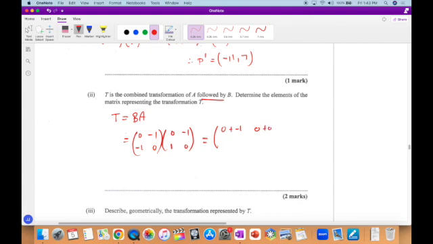This bottom row by the first column: -1 times 0 is 0, and then 1 times 0 is 0. And then this bottom row by the second column: -1 times -1 is 1, and 0 times 0 is 0. So we get -1, 0, 0, 1, and that is T.